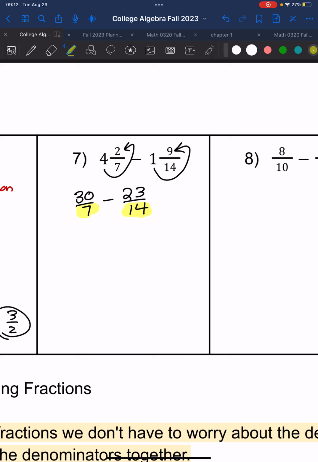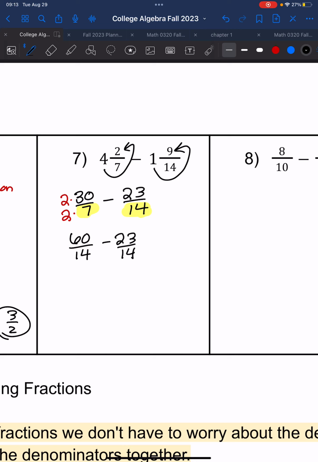Meaning if I multiplied that 7 by 2, I would get the common denominator of 14. So that's what I'm going to do. I am going to multiply just this first fraction, top and bottom, by 2. That gives me 60 over 14 minus 23 over 14.